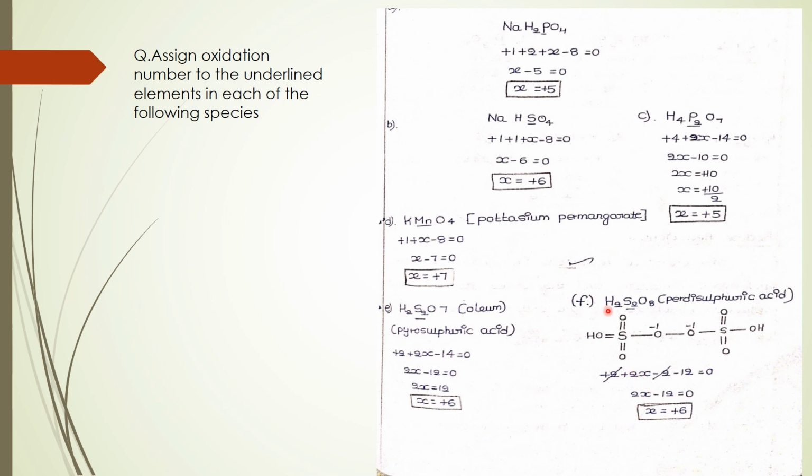Okay, now 2 hydrogens +2, 2 sulfurs 2x, and among 8 oxygens, 6 oxygens oxidation state is -12, 6 into -2. But the 2 oxygens which are present in peroxide bond are -1 each, -2. So we need to be careful here. So if you find x value, that is equal to +6.